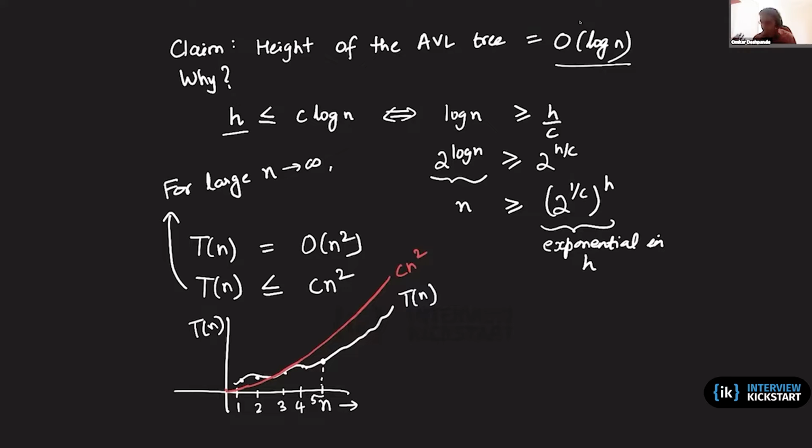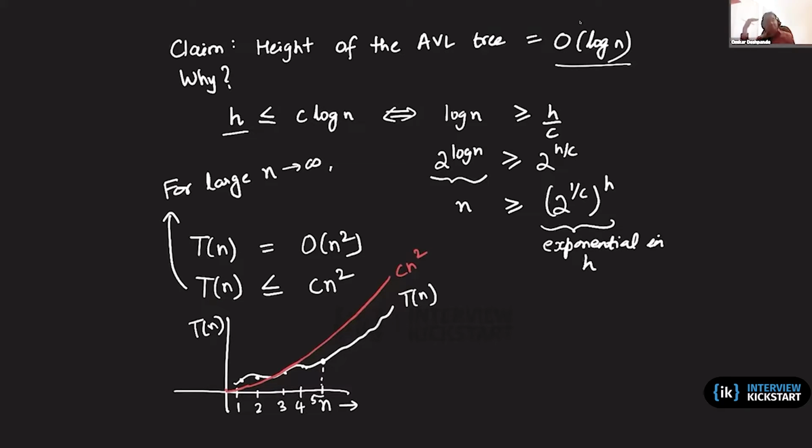As long as it's some constant multiple of n square, we can say that the growth of T of n is at most quadratic. So in English, we would say the rate of growth of T of n, or the running time, is at most quadratic.